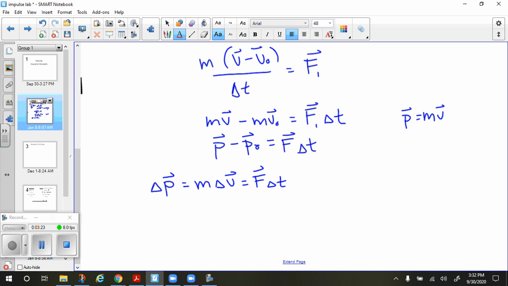And that's all equal to something we call impulse, and the symbol for it is a J. I have a little slide later that shows you the symbols and the units and all that stuff. But impulse is just a special name for change in momentum, and it has two different equations: mass times change in velocity, or force times change in time.